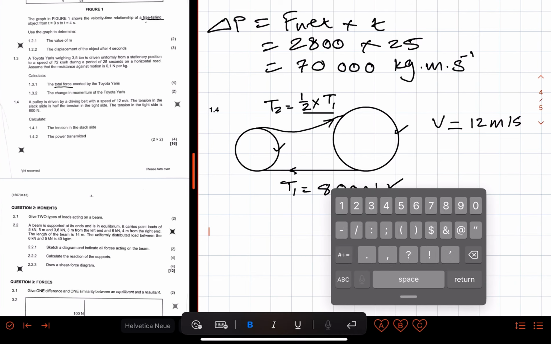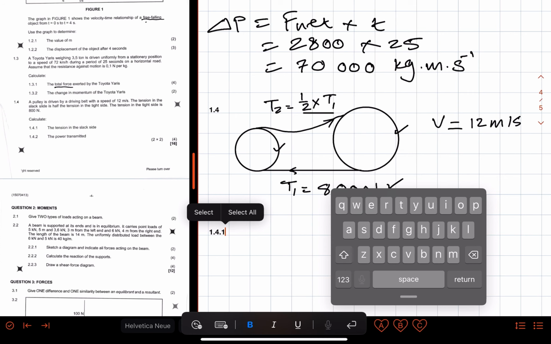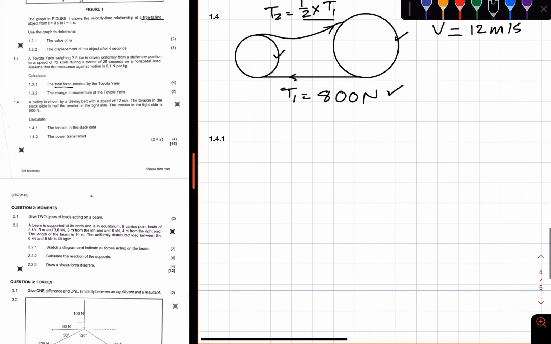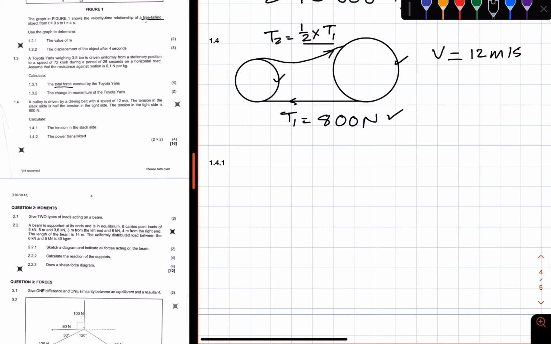Now we look at 1.4.1. They say calculate the tension in the slack side. This one is pretty straightforward.